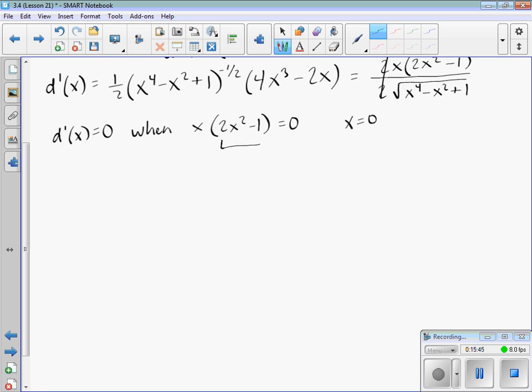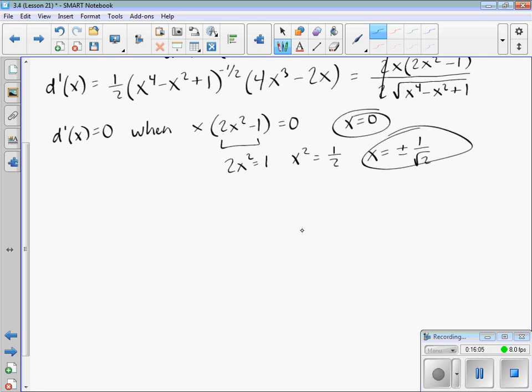So wouldn't my 2x squared equal 1? And then divide by 2, so my x squared equals a half, and then I square root it, so my x is plus or minus, what's square root of 1? 1, what's square root of 2? Square root of 2. Okay, so these are my critical pieces.